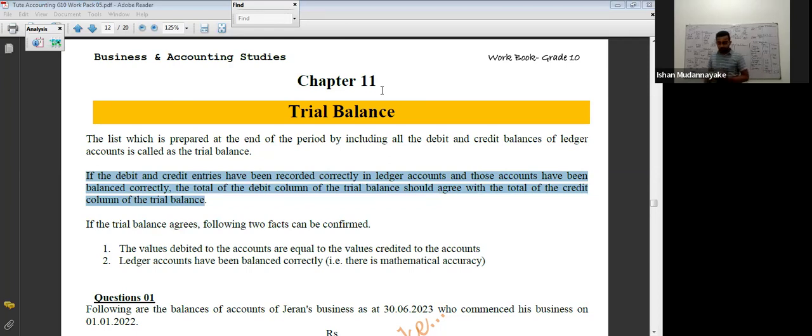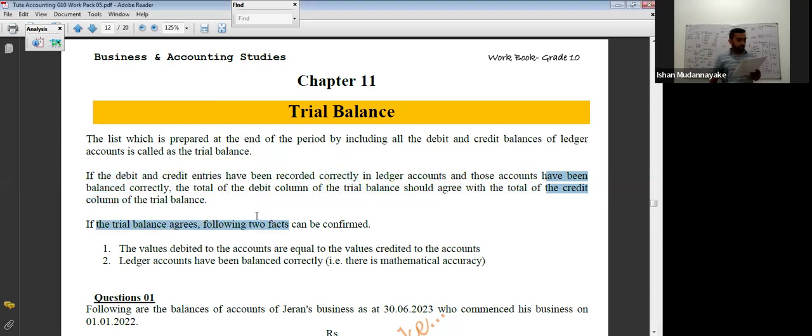If the debit and credit entries have been recorded correctly in ledger accounts and those accounts have been balanced correctly, the total of the debit column of the trial balance should agree with the total of the credit column. If you have properly recorded double entries, both sides should be equal. Debit side should be equal to the credit side. If the trial balance agrees, the following two factors can be confirmed.